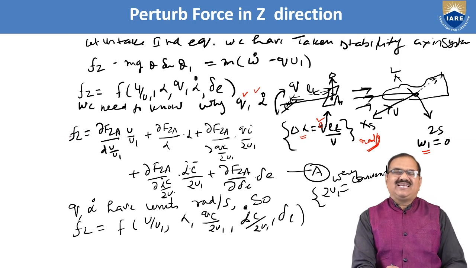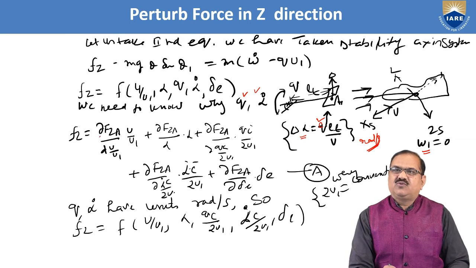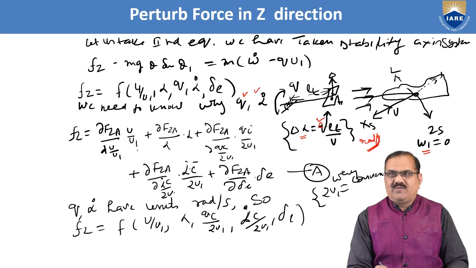Now we can say that Fz is equal to dou Fz by dou U by U1 into U by U1, using the Taylor series. All these things we are expanding, plus dou Fz by dou alpha into alpha, plus dou Fz by dou (q c bar by 2U1) into q c bar by 2U1. Everywhere it is c bar.